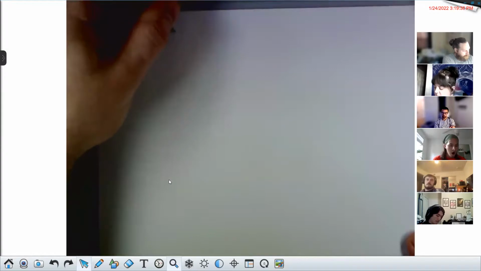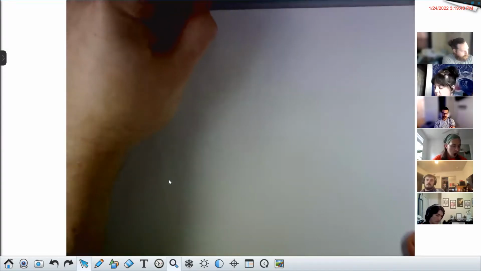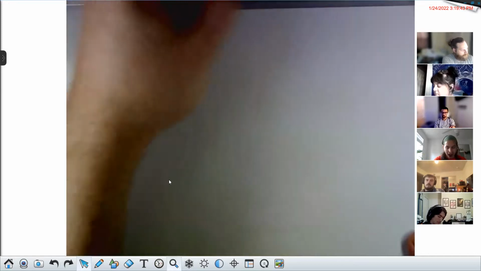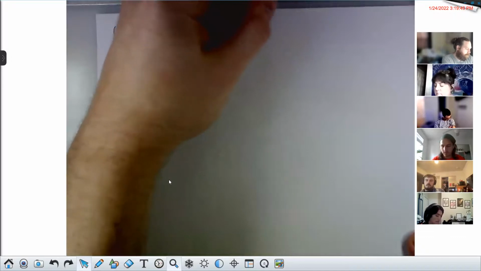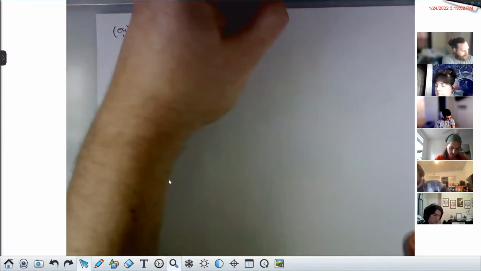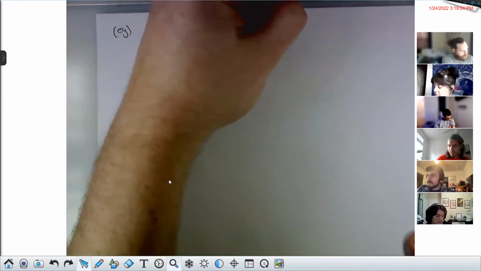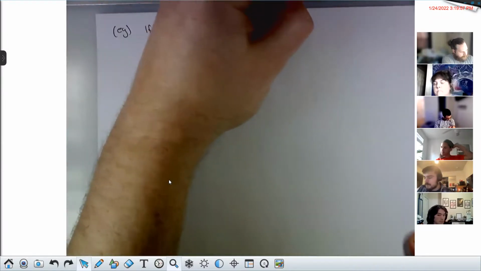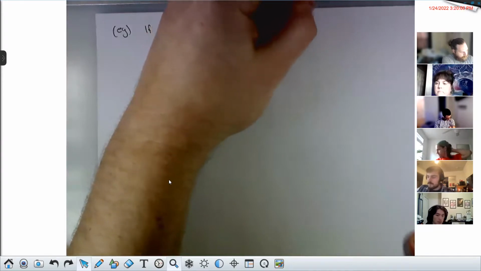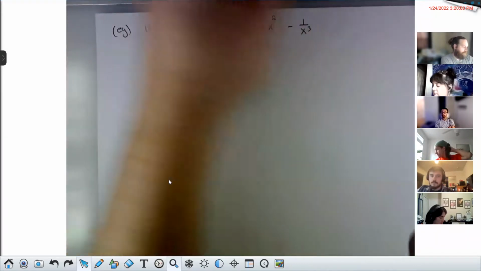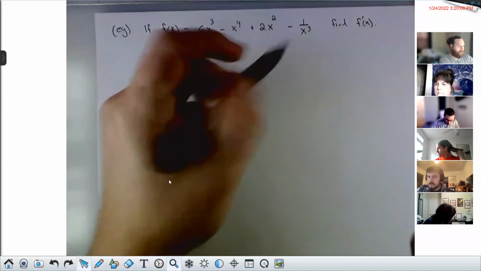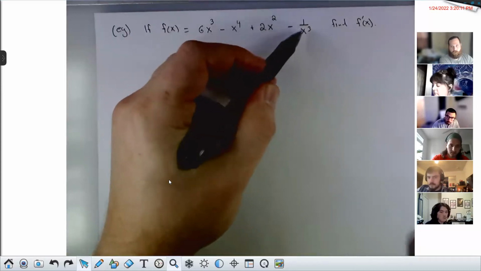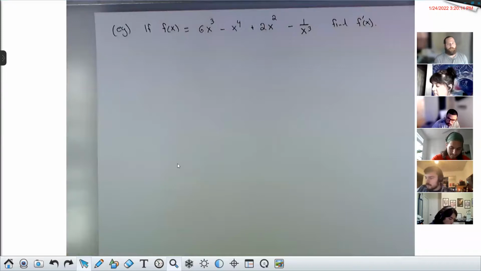If f of x is, say, 6x cubed minus x to the 4 plus 2x squared, say, minus 1 over x cubed, find f prime of x. Now this is not technically a polynomial because this last term here has an x downstairs. But if I just had those first three terms, that would be a polynomial.